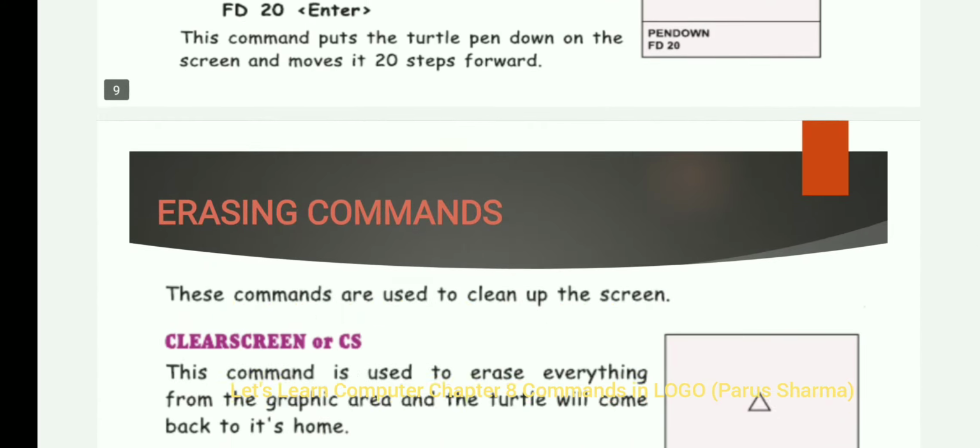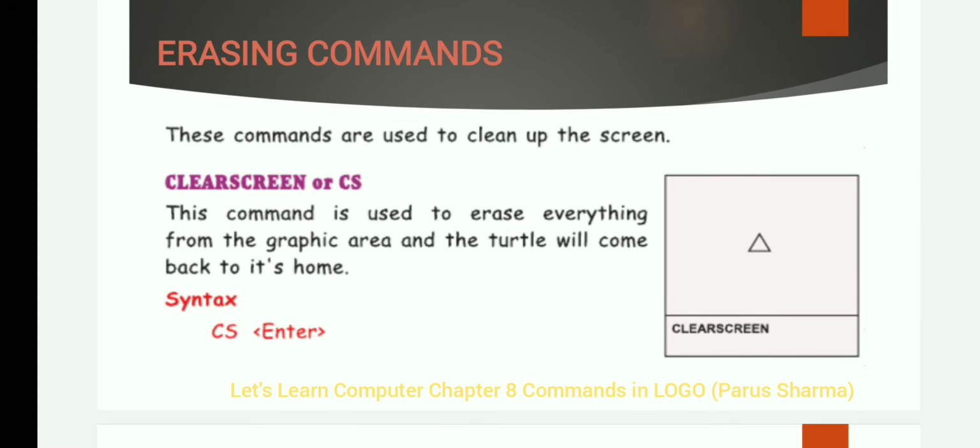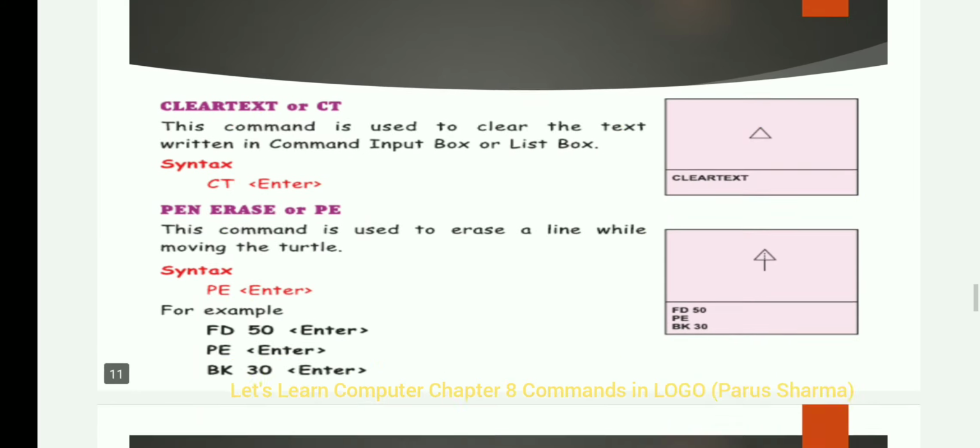Next we have erasing commands. If you want to erase your drawing, you can simply write clear screen or CS in the command input box to erase your drawing from the window. Then clear text.